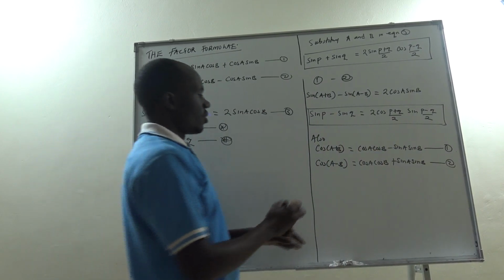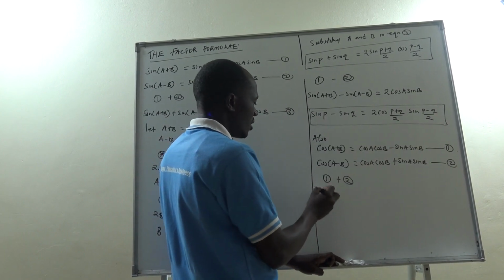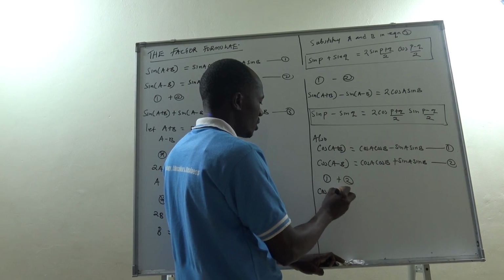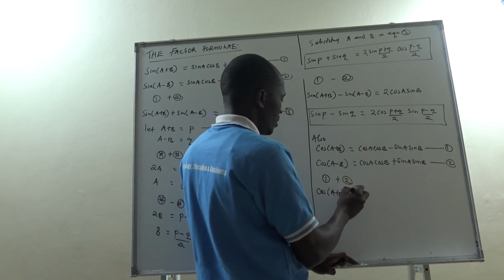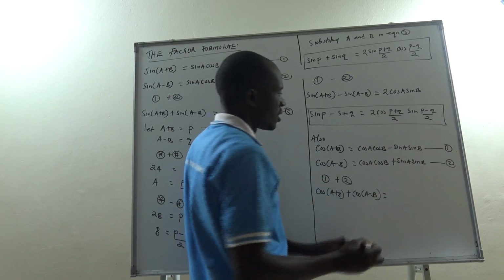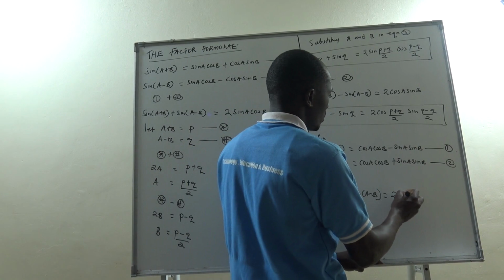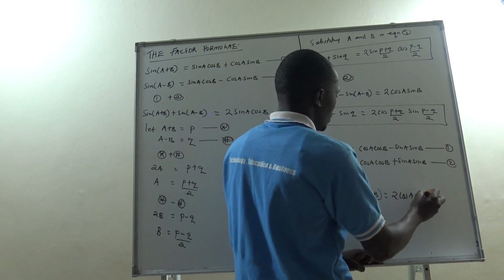What if I say equation 1 plus 2? We add: cos(a + b) plus cos(a - b) equals, when I add these, the sin terms disappear and I remain with 2 cos a cos b.